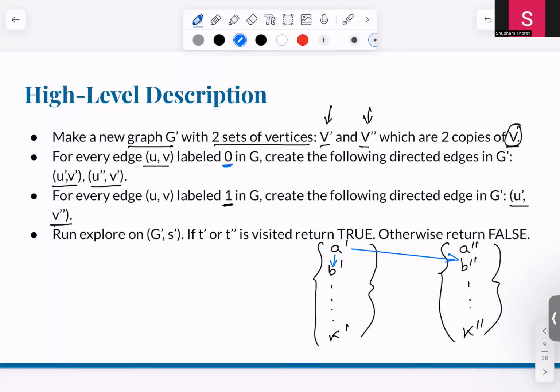And if this label is 1, that means we connect U prime to V double prime. Let's say we have U and V here, and there is an edge UV. In this case, the red edge won't be here. It will go to this vertex here.